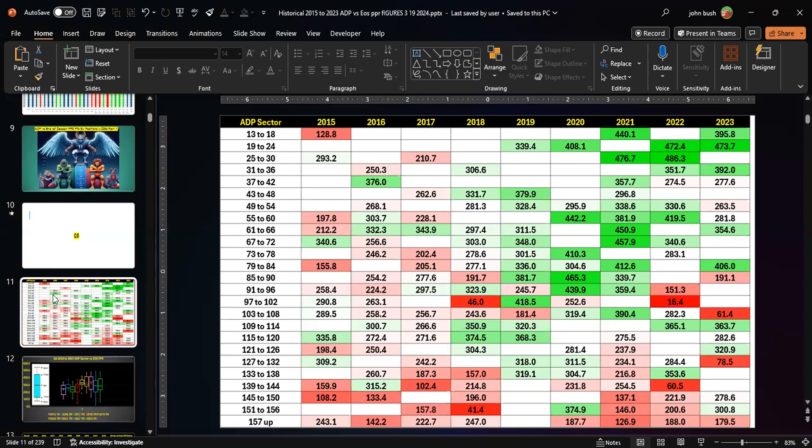I break into sixes because I do 12 players. And it's 2015 to 23 on the top. And in each box is the quarterback average at the end of the season PPR points. So it's kind of, the ADP is before. So it's kind of before, right? Before I turn my cards over.